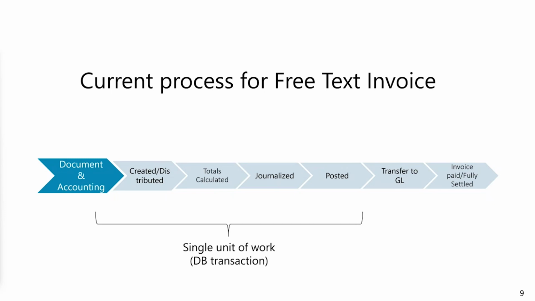And so they'll have thousands and thousands, if not millions of lines total in a month they may have to process. One by one, each one of those documents is doing all of this work in one transaction, and then it can start the next document, and then it can start the next document. And even in a multi-threaded environment, there's contention that happens. So that's the root of the problem that we're attempting to solve with this feature.